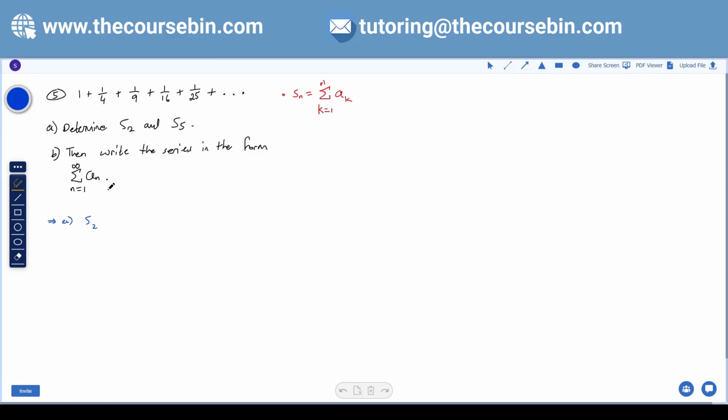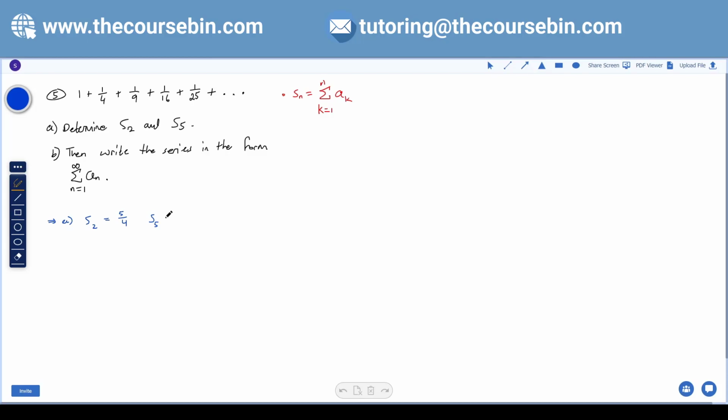Okay. So S2, you said S2 is 5/4, right? Yeah. Cool. So for S5, I was still calculating it. I got the S3, which was 45/36.